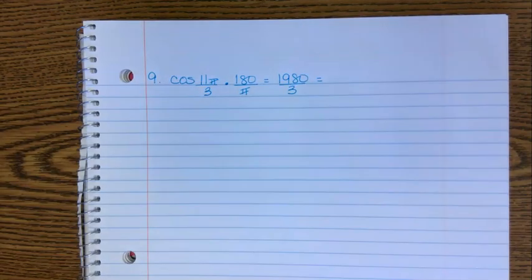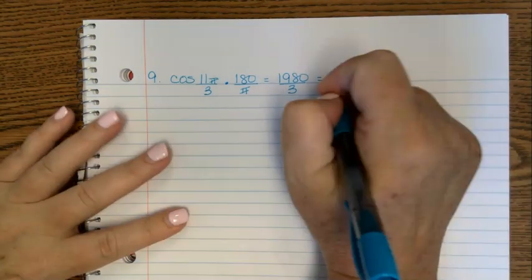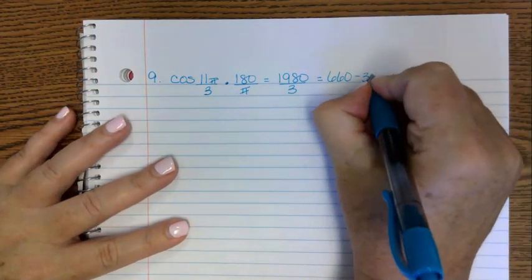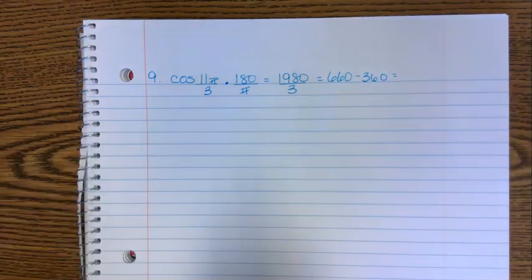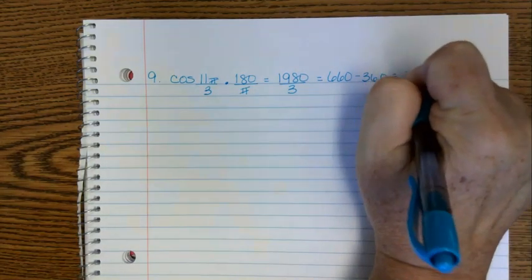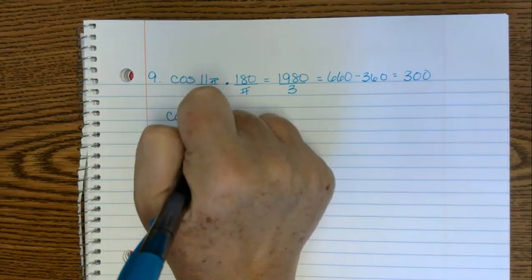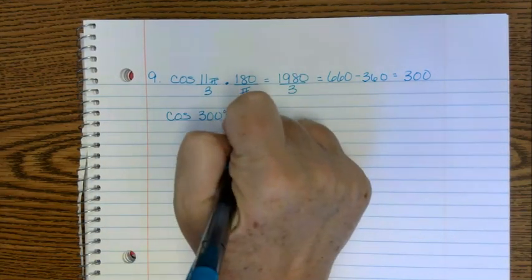Divide by 3 is 660. Again, not on the unit circle, so we're going to subtract 360, and we get 300. So cosine of 300 is 1/2.